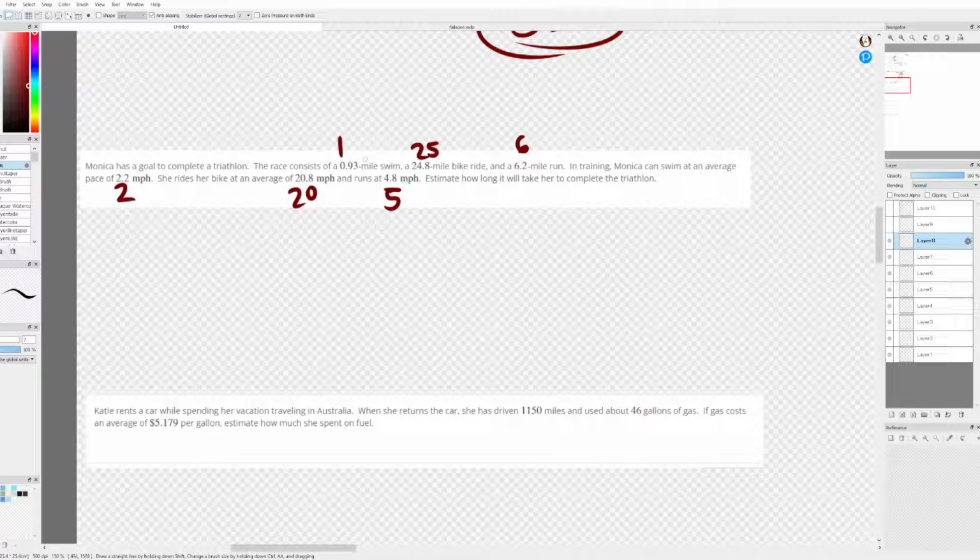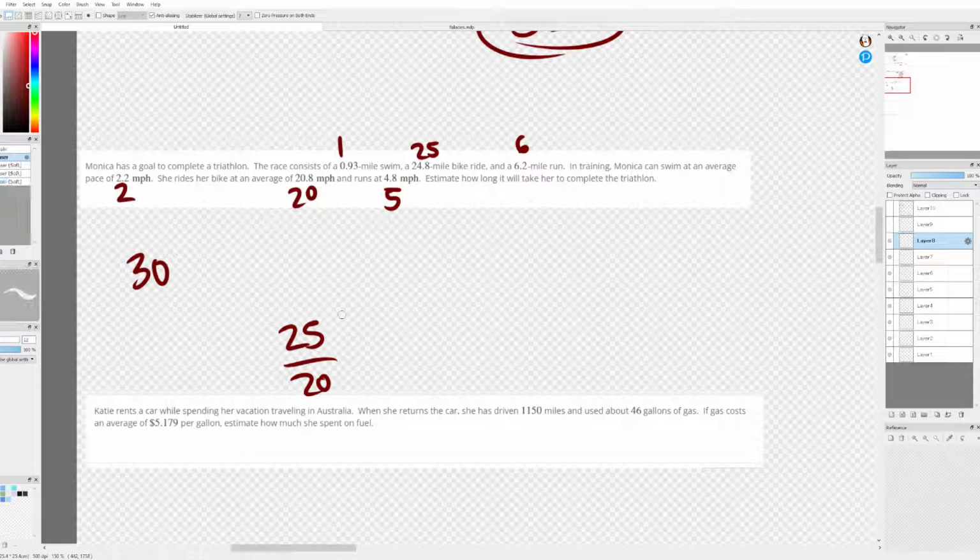We know that this swim will take her 30 minutes. Sorry, I'm trying to do the math in my head. It's sometimes hard to do it quick with this.